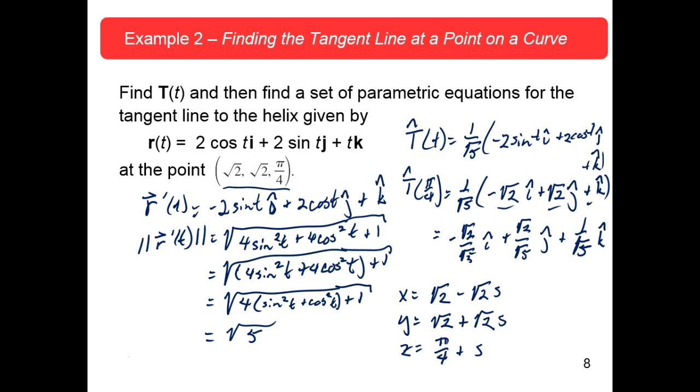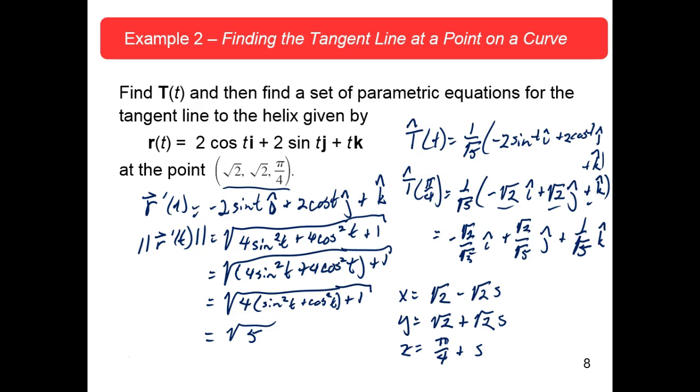Theorem 12.2 on page 830, right at the bottom of the page.